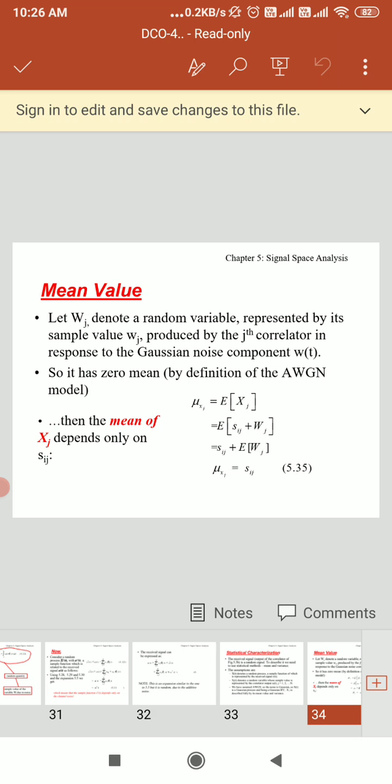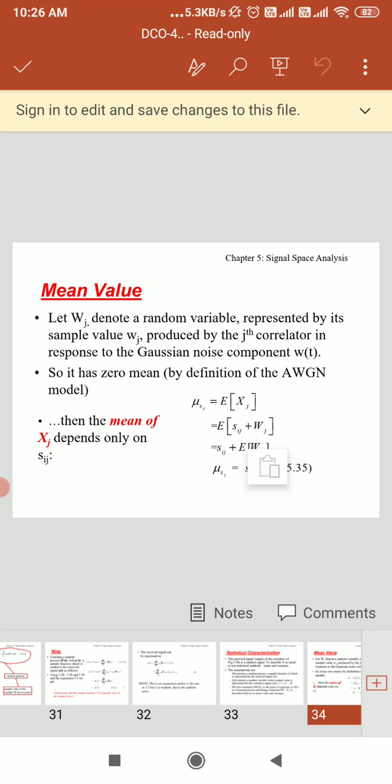It will be represented by its sample value small wj, which is produced by the jth correlator in response to the Gaussian noise component. So it has 0 mean.